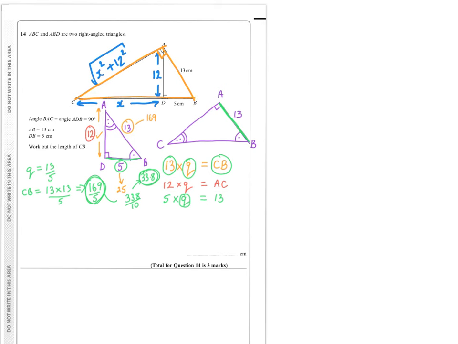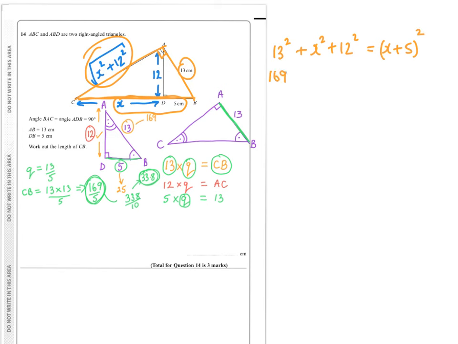So you could say that using Pythagoras you've got 13 squared plus all this squared, which is just going to give you back the x squared plus 12 squared, and that would be equal to, don't forget, x plus 5, because that's the whole way across here, x plus 5 all squared. Now I don't know what's going to happen here, but let's have a look.